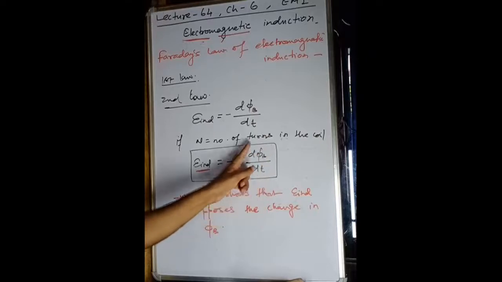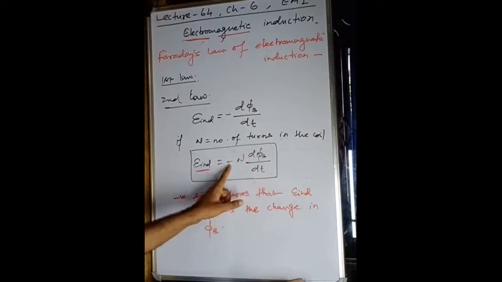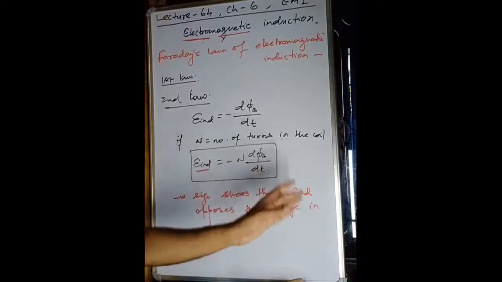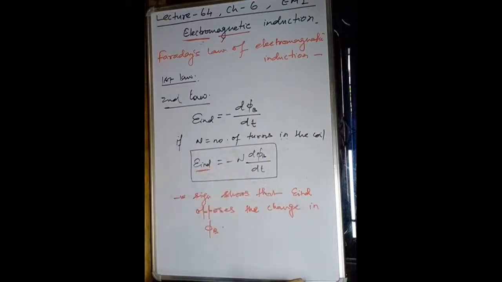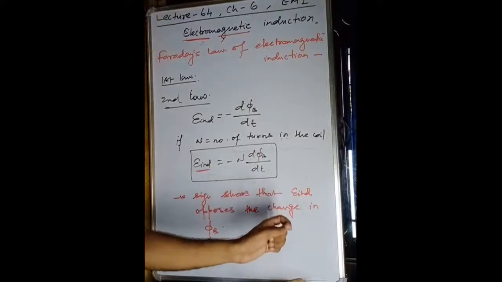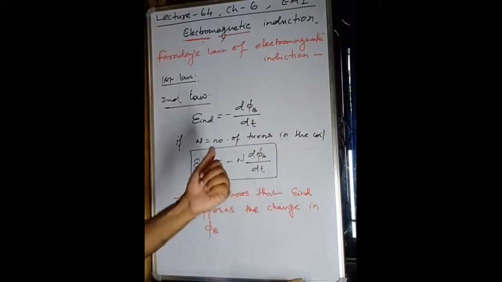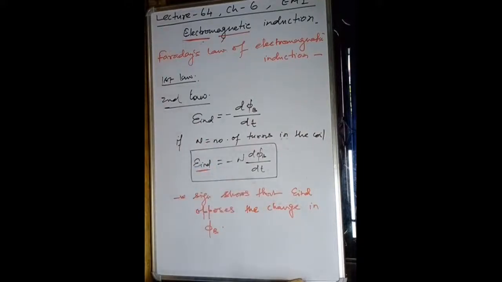Change in flux, and it opposes the cause that has induced it. This is Lenz's law. My dear students, we will wind up today's lecture with a very simple numerical question, and then we will start the next lecture with a fantastic explanation of Lenz's law. Alright? So a very simple question, my dear students, here for you.